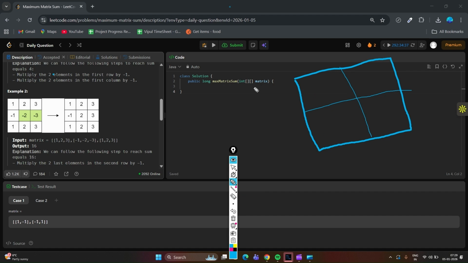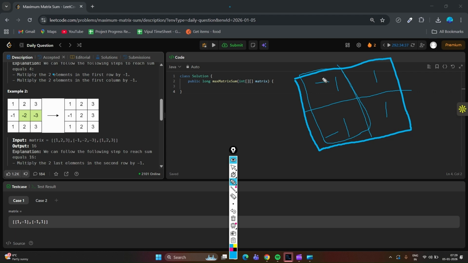Suppose in the first row we have 1, minus 1 and 1, and again minus 1 and 1. If you look, these are adjacent, so they become plus 1.